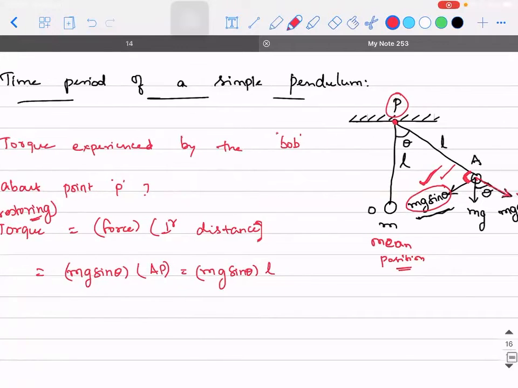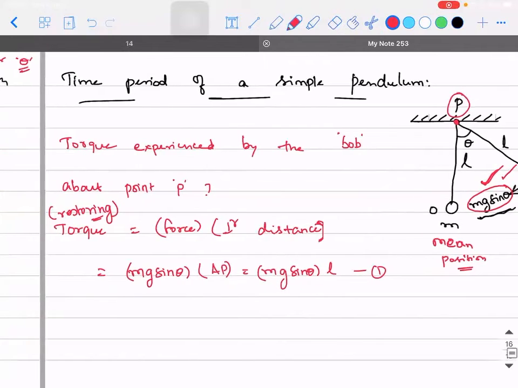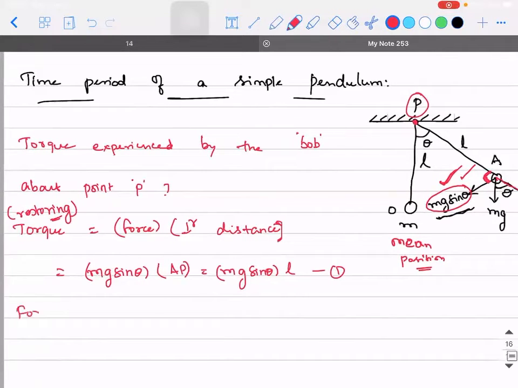Let me call this equation number 1. For theta being very small, where theta is measured in radians, an important point to be observed is that sine theta can be approximated to tan theta, which can be approximated to theta.